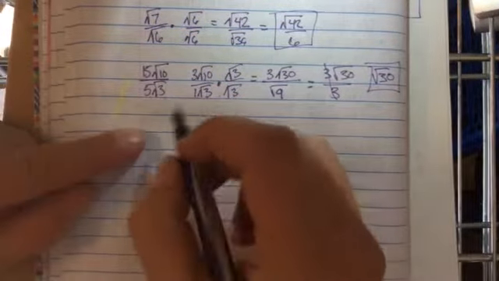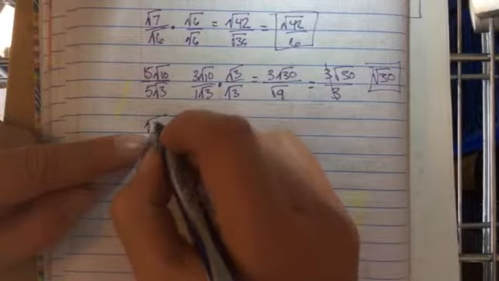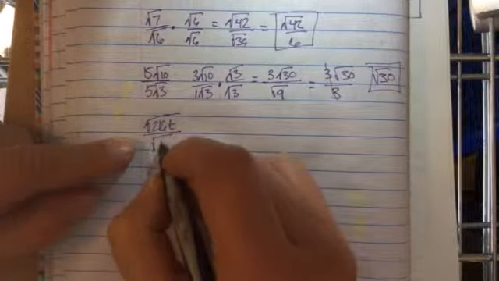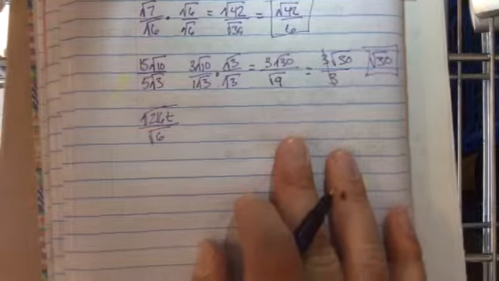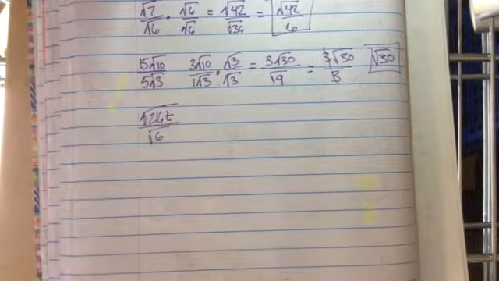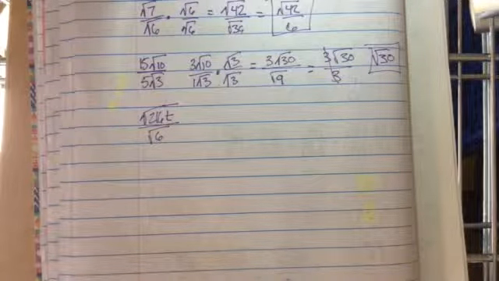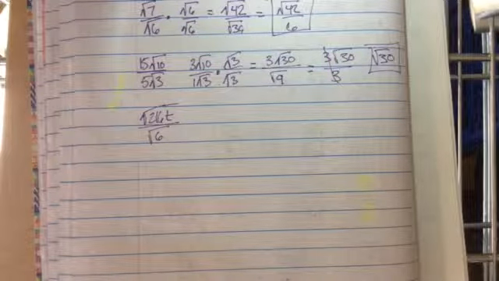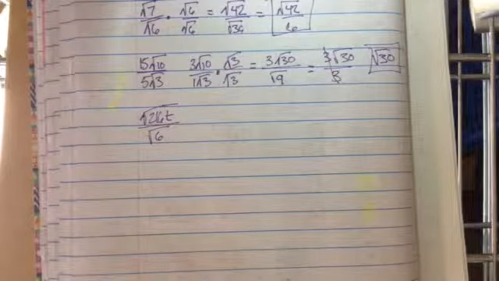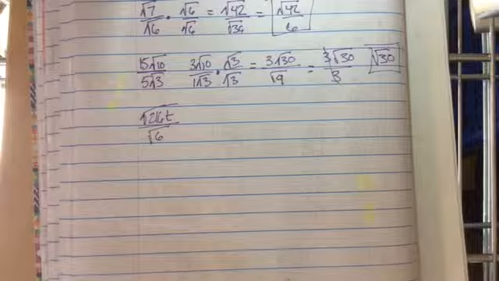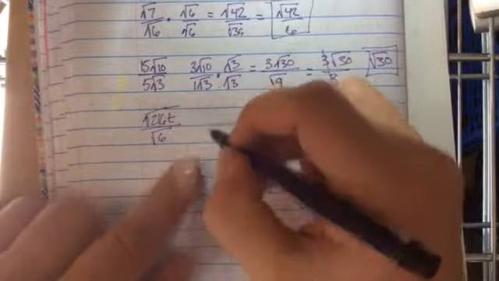So let's say we had another one. Say we had the square root of 216t over the square root of 6. So 6 goes into 216 36 times.